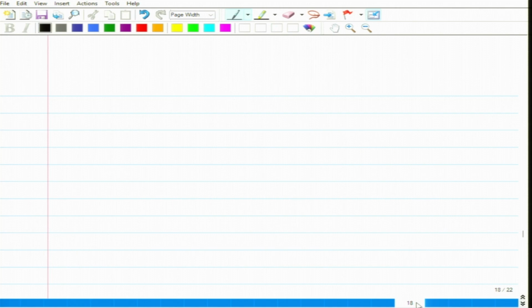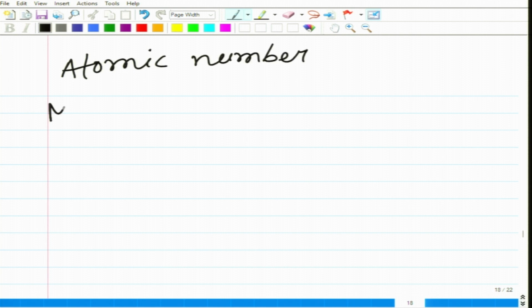With this, there are two terms. What are the two terms? Atomic number and mass number. You must have heard about these two terms.